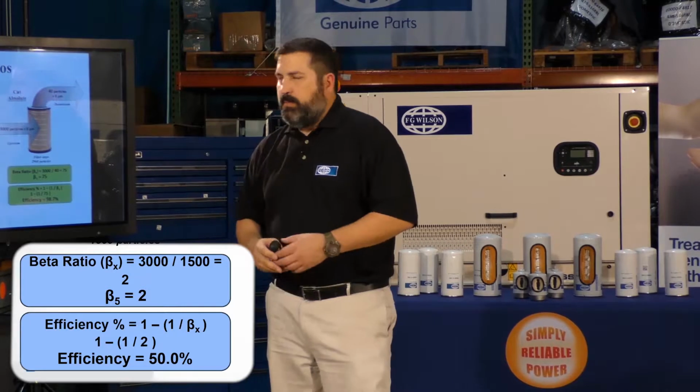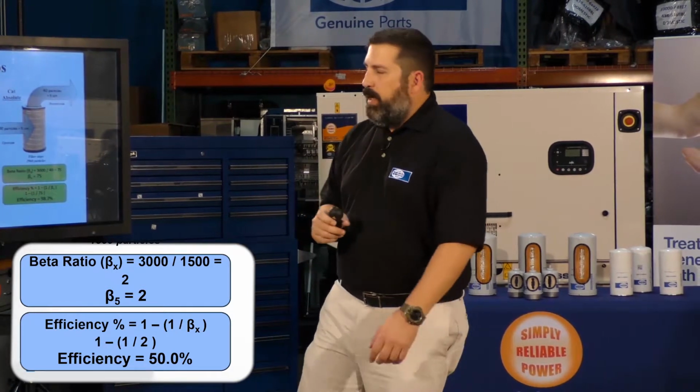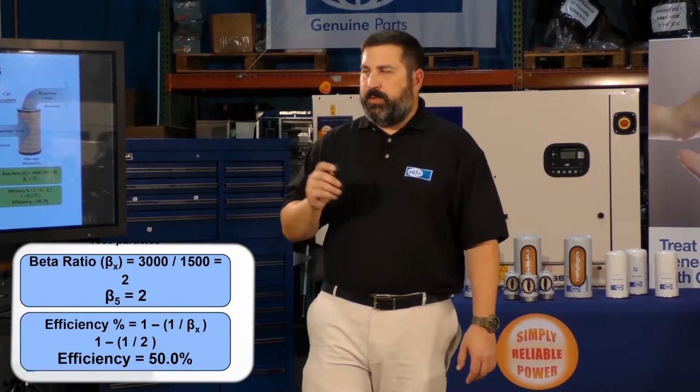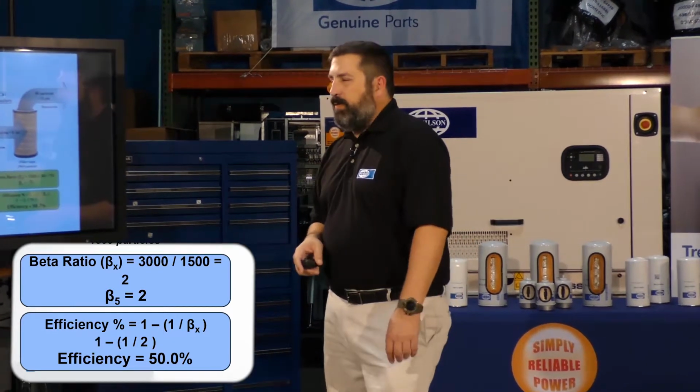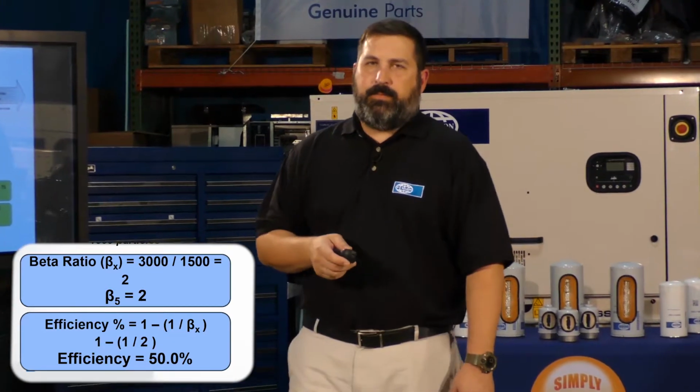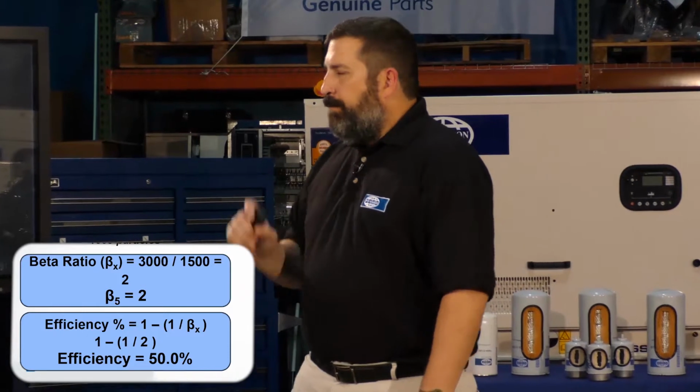Now, 1 minus 1 divided by the beta ratio. So in this case, 1 minus 1 divided by 2, or one half. Efficiency is 50%. So that filter is only capable of 50% efficiency at that specific micron size you're targeting.